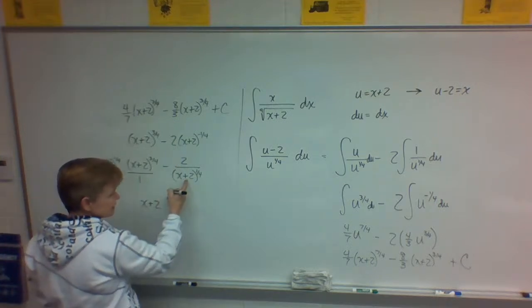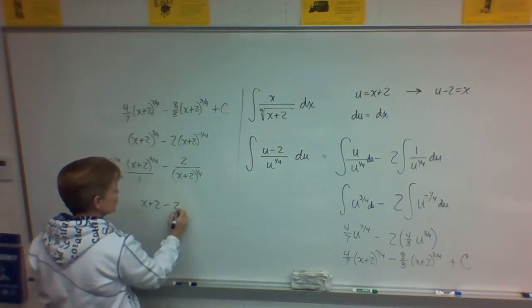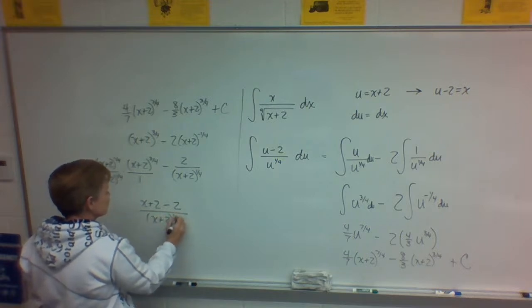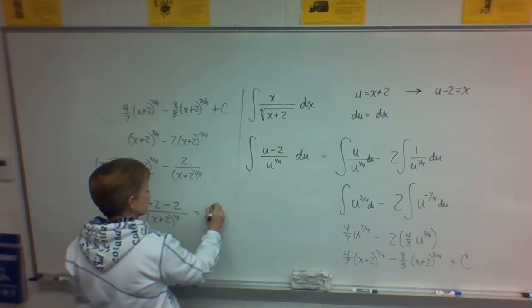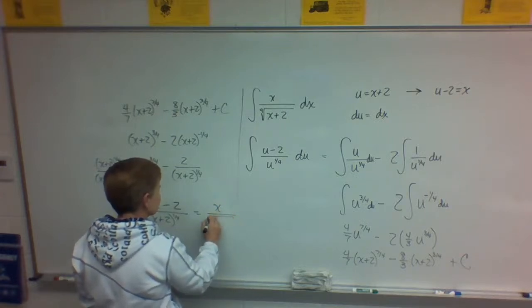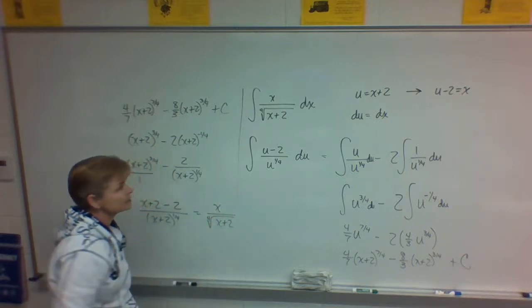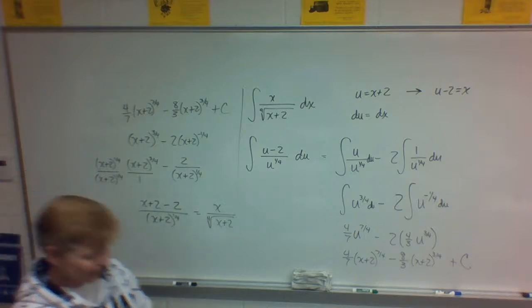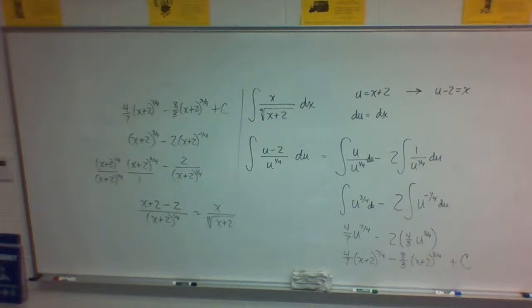This numerator, since it already has the common denominator, is -2. And it's all over (x plus 2) to the 1/4, which is the 4th root of x plus 2. Voila. I knew it was gonna happen, but I'm so pleased that it did. Totally unexpected, but we've shown that it actually is that.